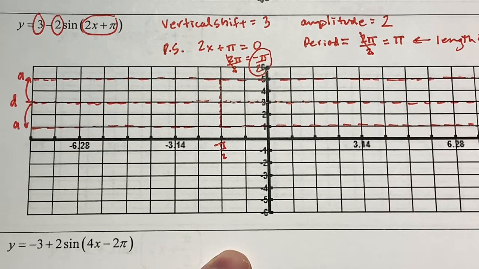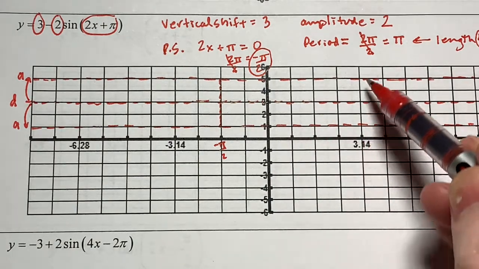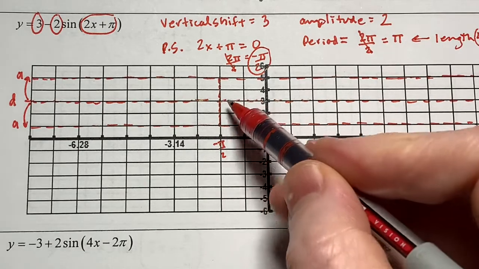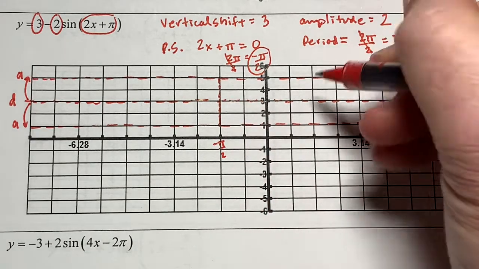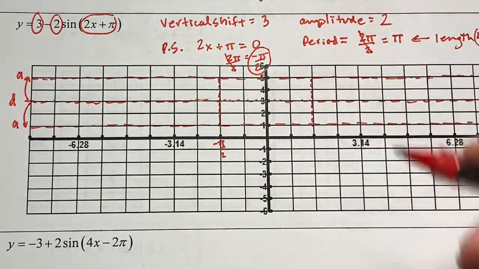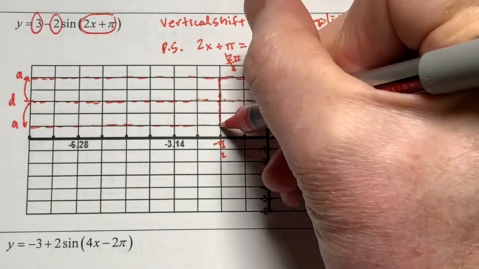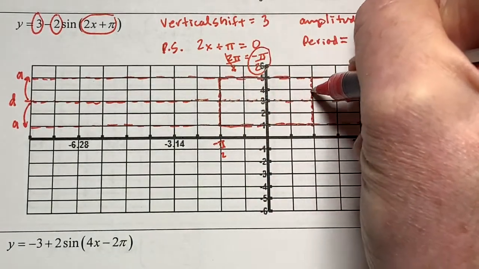This is 4 ticks again, and you're going to get a lot of 4 ticks because I'm trying to be nice. You're not going to mark from here to here. You're going to make 4 tick marks from your phase shift. So 1, 2, 3, 4, and you're going to draw that right there. Guys, I hope you see this is your box. It's kind of hanging over both sides.